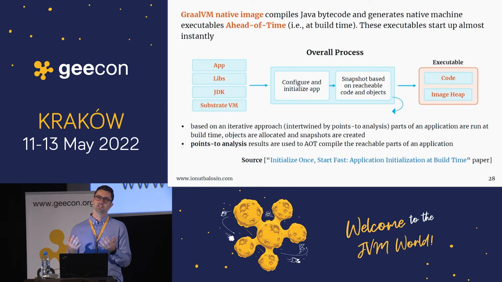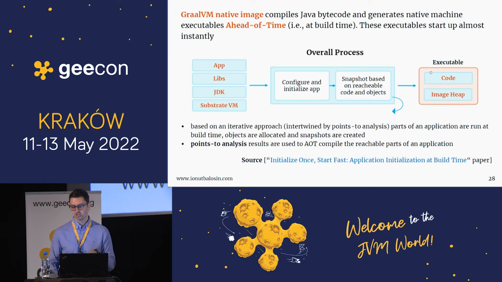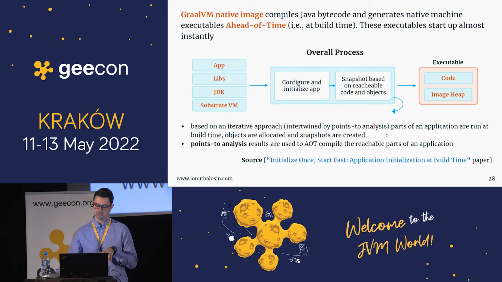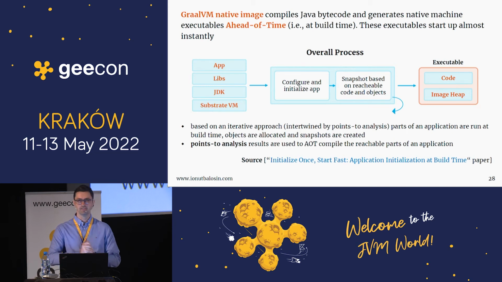So everything which is reachable is AOT compiled. And at the end, you end up with an executable, like you do with C++ or C or whatever. So it runs as an executable. This process is very interesting, and if you're keen on this, read the paper. You can easily find it, but it's something new, and it's very interesting how it works.